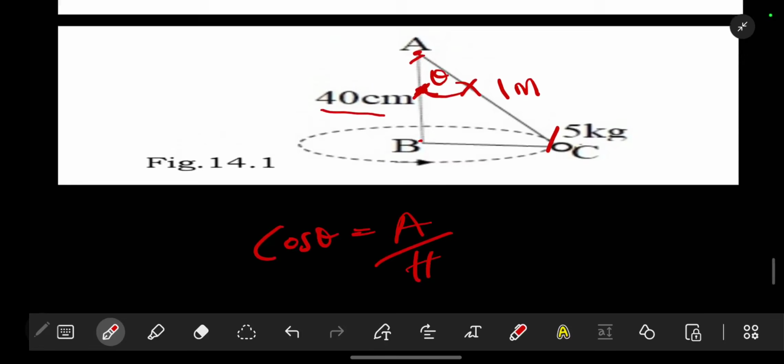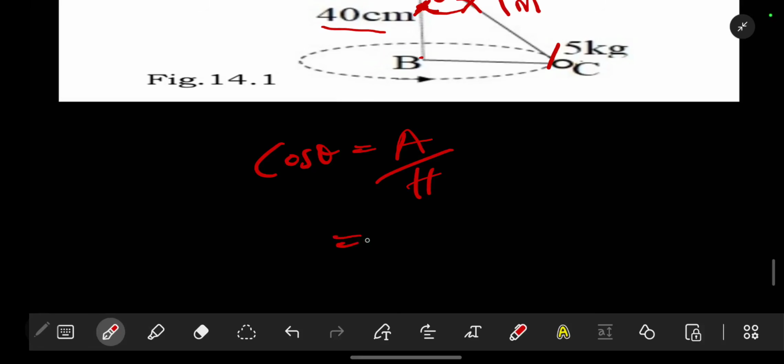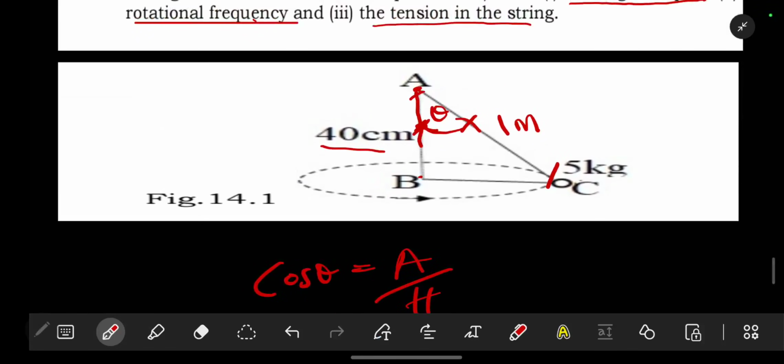So replacing, our adjacent is the 40 centimeters, and the centimeters on top should come down. We have the meters. How many centimeters are there in 1 meter? 100. So this and this cancel.